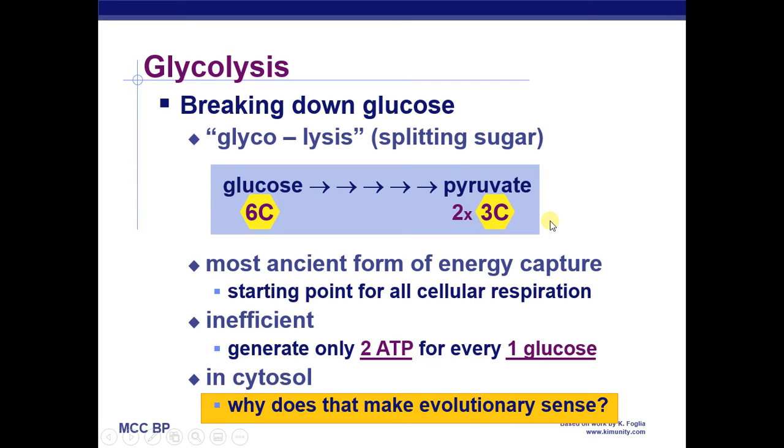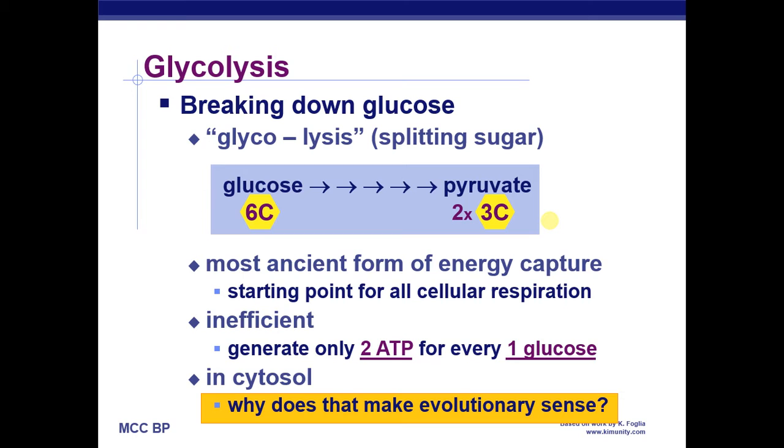Glycolysis is the most ancient form of energy capture. It's the starting point for all of cellular respiration, so out of all the different parts of cellular respiration, it existed the longest time ago. It's been around for the longest time. But it's very inefficient.